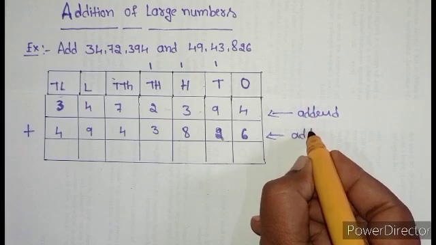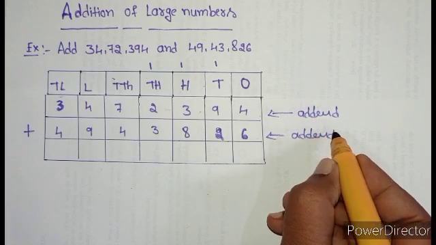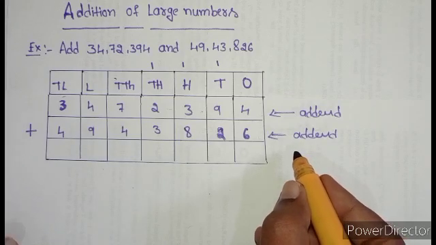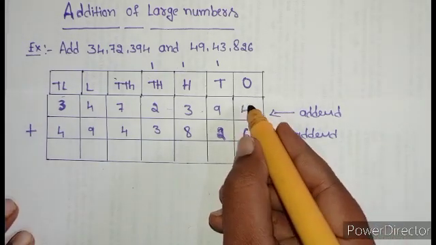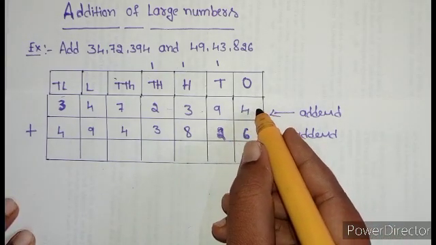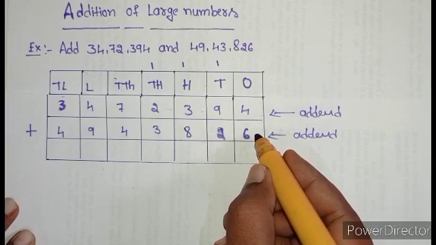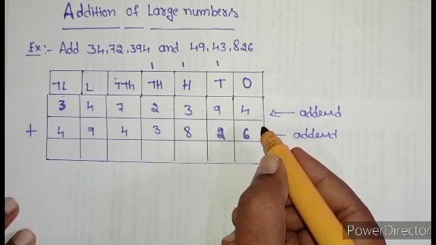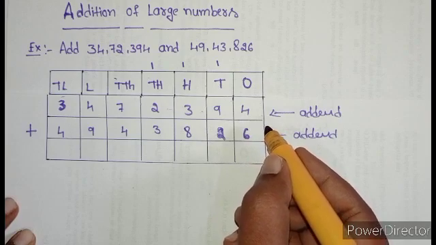Here two addends are there. We can add more than two addends and can also change the order of the addends. This is one order, this is the second order. We can change this order also, but the sum will remain the same.